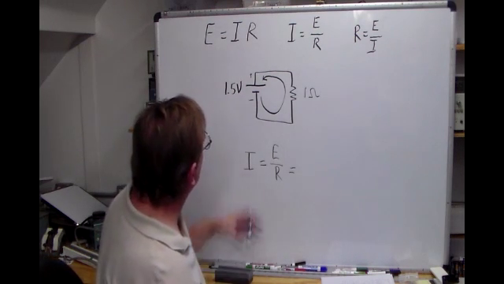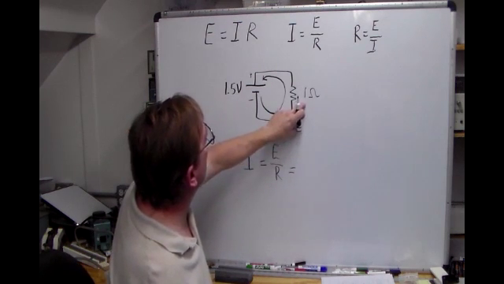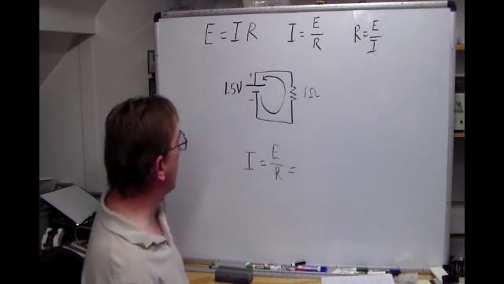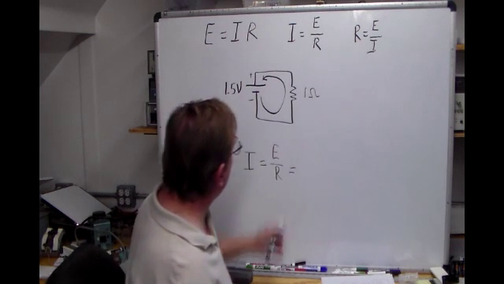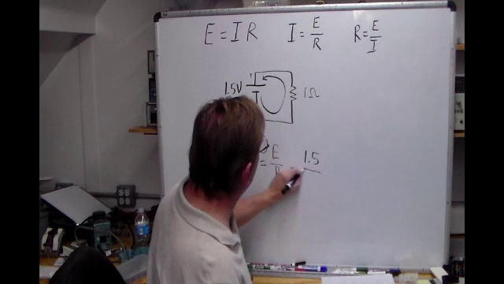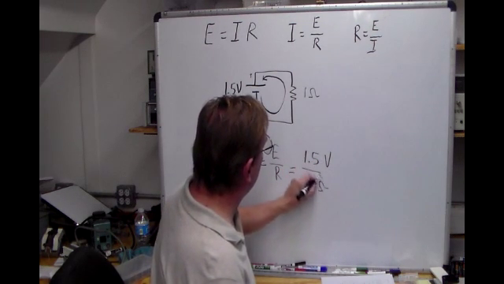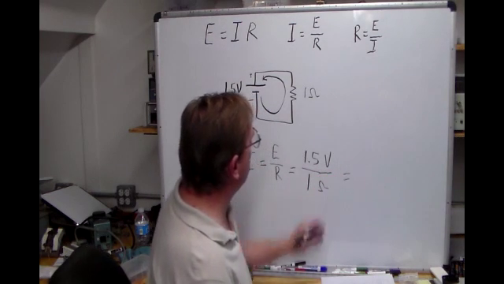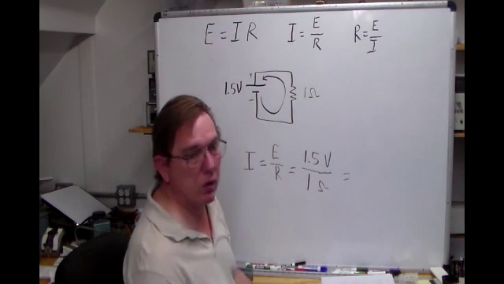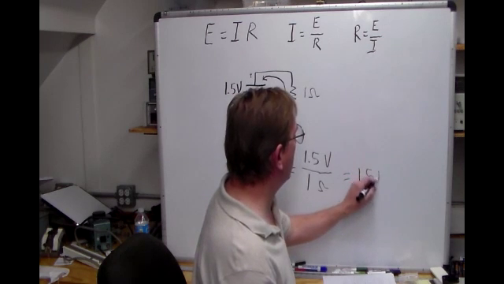So once again, we've got 1.5 volts. It's going through 1 ohm. The current's going from negative to positive, and we've got 1.5 over 1. And of course, anything over 1 equals whatever it is. So we have 1.5 amps.